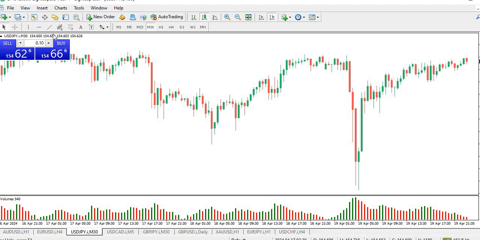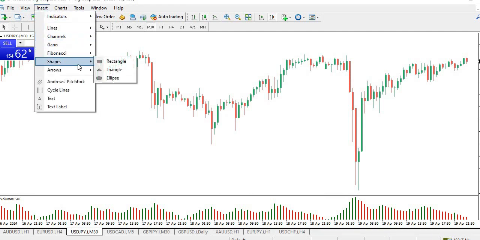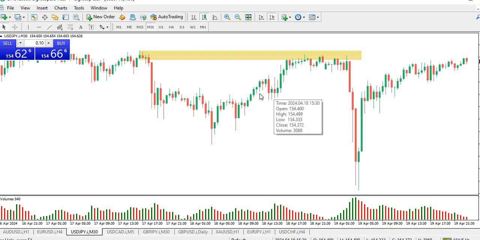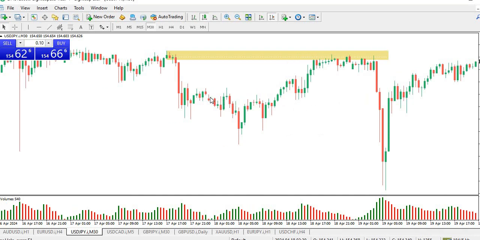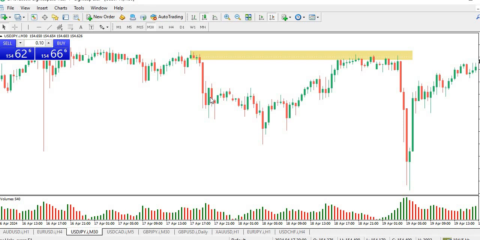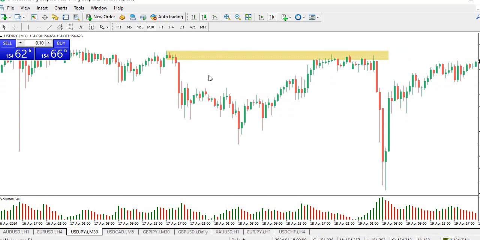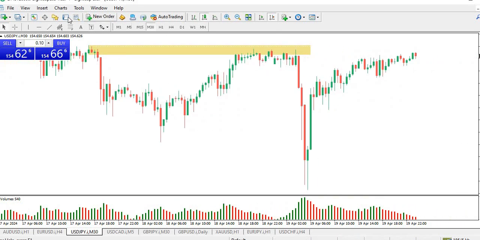We have two types of order blocks. The first one is the bearish order block, and I will explain how to trade the bearish and the bullish order block, where to place your stop losses, and where to place your profit targets. Here is a bearish order block, which you can see the market touched and changed its direction to the downside.